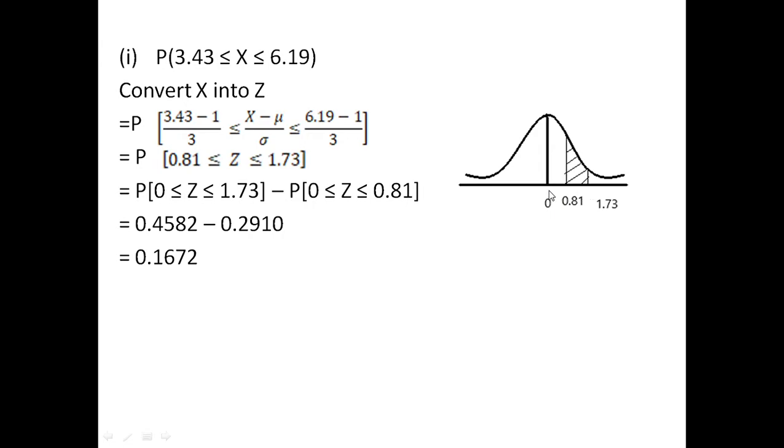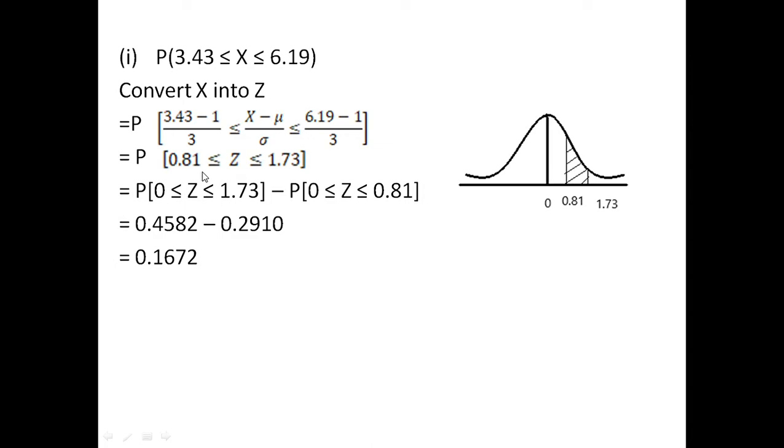So here, if we subtract the area of 0 to 1.75 from the whole area, we can get this part. I have done the same thing here: we have subtracted this area.